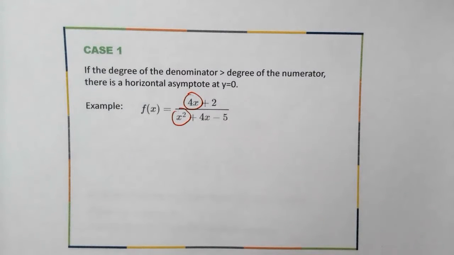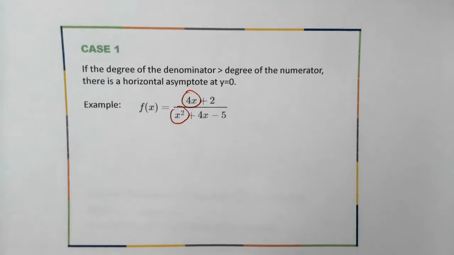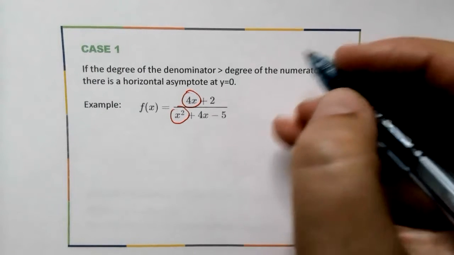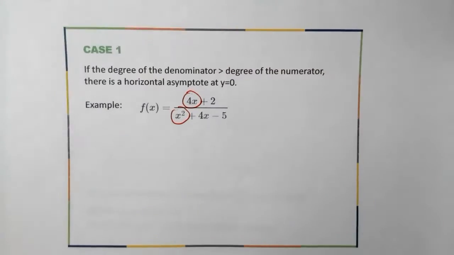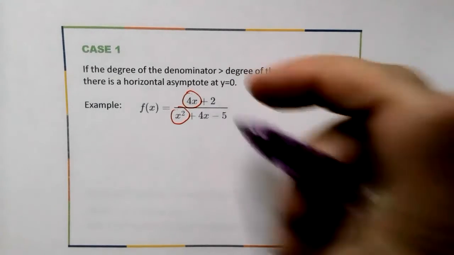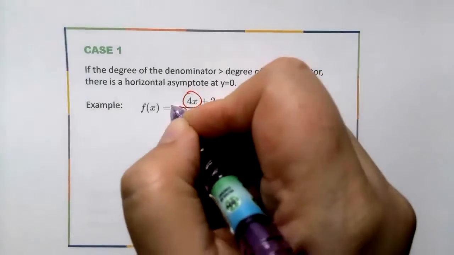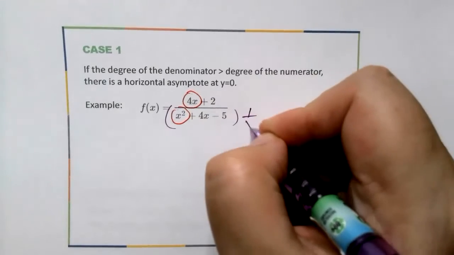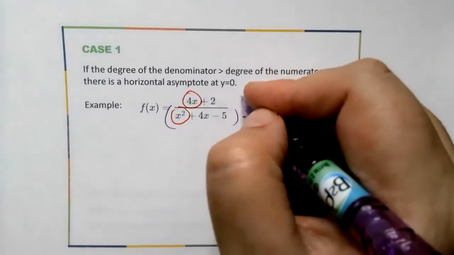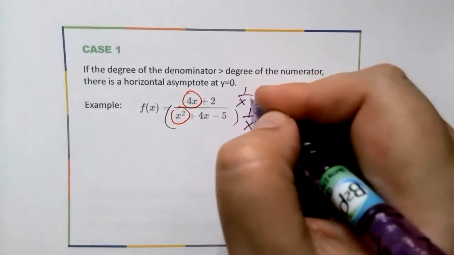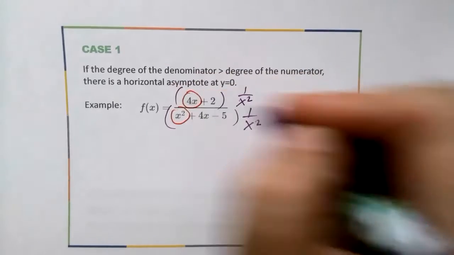you know what? Let's do it properly. Why are we ignoring them, right? That's not right to just ignore the terms. So what we're going to do is multiply the numerator and the denominator by 1 over x squared.